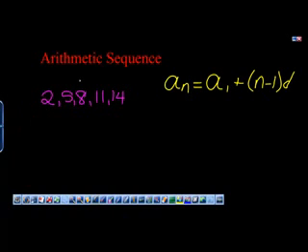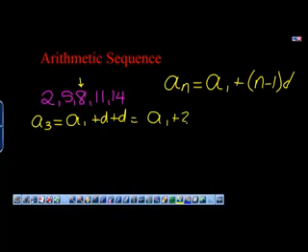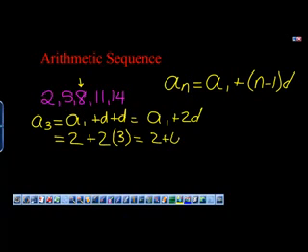Remember, to get our third number, we substituted to find it was the first term plus D, which equals A1 plus 2D. Here we see our third term, and the number of D's we have is our third term minus 1, which is 2. We can check this by taking our first term from our purple sequence, 2, plus 2 times the difference, which we said was 3, and that will equal 2 plus 6, which equals 8, our third term.